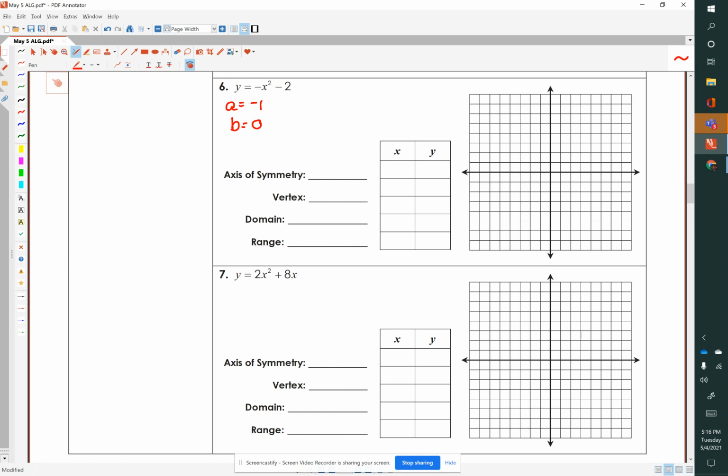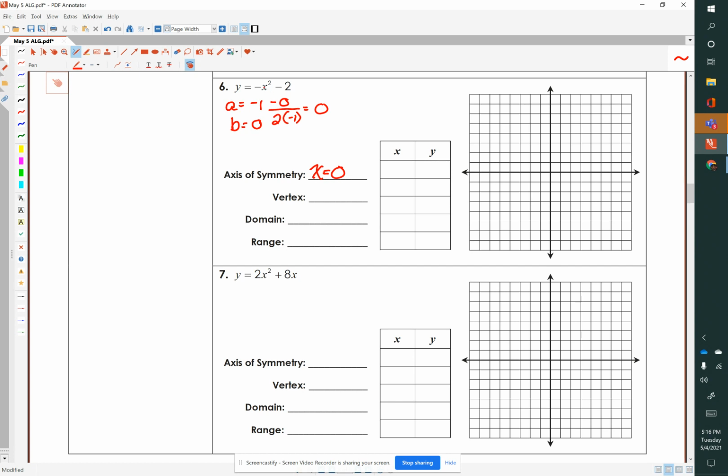So if the b value is 0, then the axis of symmetry has to equal 0. And we can do that out. That would be negative 0. There's really no such thing as negative 0, times 2 divided by 2 times negative 1, which equals 0.